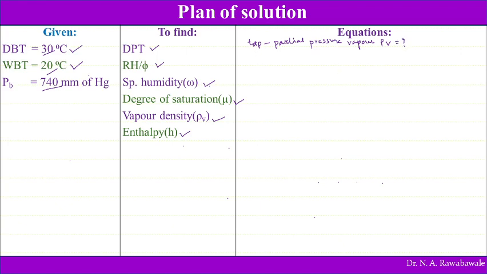The equation for the partial pressure is PV equal to PW, the partial pressure of water, minus (PB minus PW) into (TD, the dry bulb temperature, minus TW, the wet bulb temperature) divided by (1544 minus 1.44 TW).